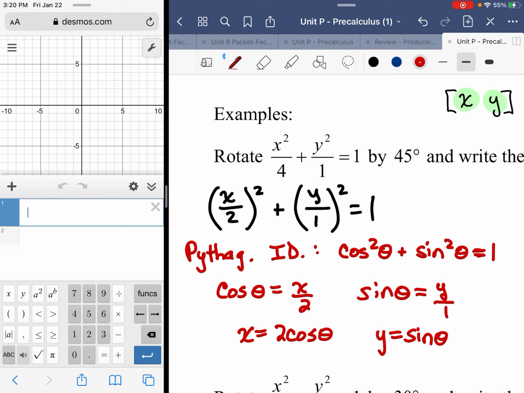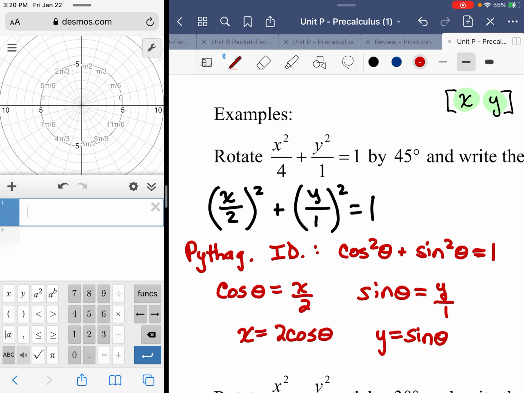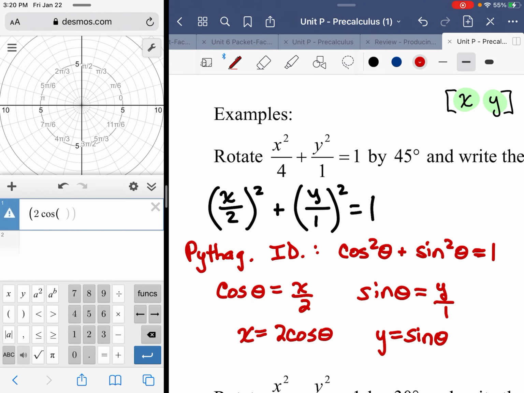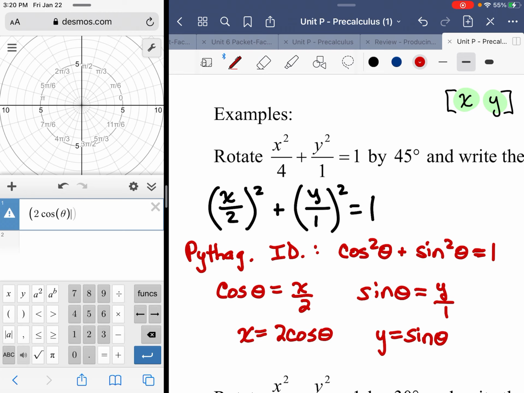Now, if you're unsure, you know how to graph an ellipse in rectangular form, you can put your Desmos calculator in polar form and just graph. Parametrics are a little trickier, but you would just type it in as an ordered pair, the x comma y. For the theta, just type in theta, and it'll recognize it as the variable theta.